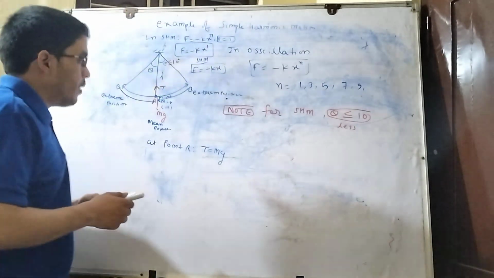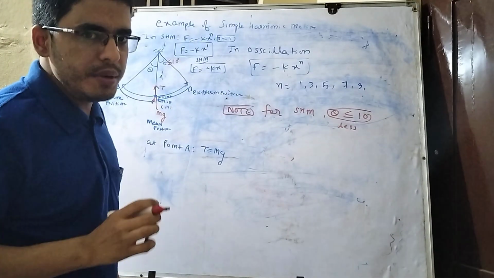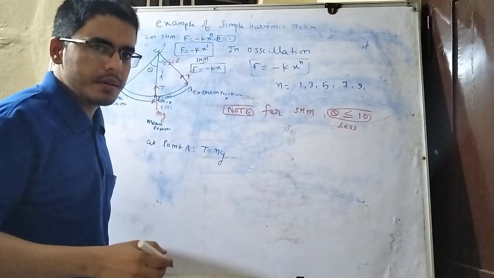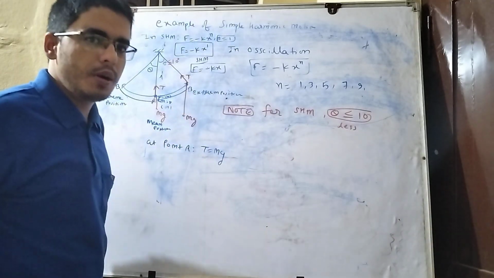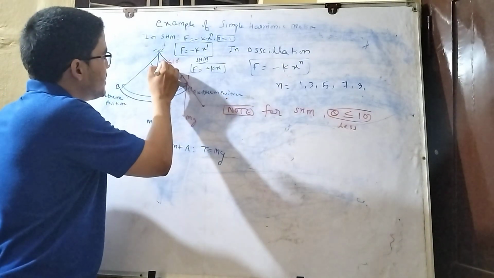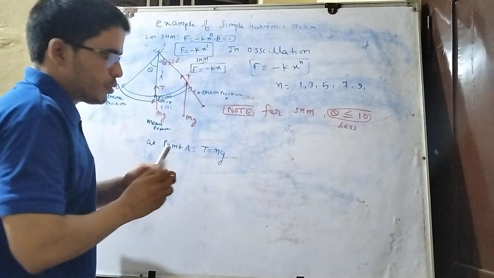Now at this point B, I want to draw the FBD. Here is the tension, right? And here is mg. Correct? Now this is angle theta, and these both are parallel lines, check. One minute, I am showing you.